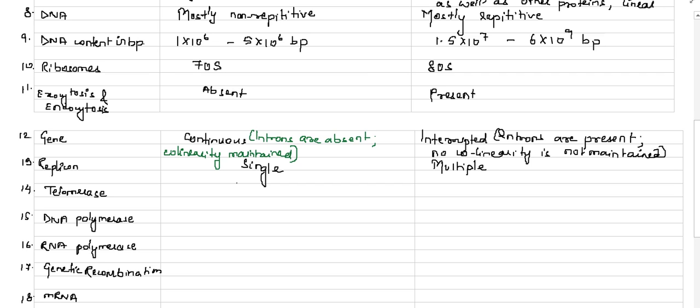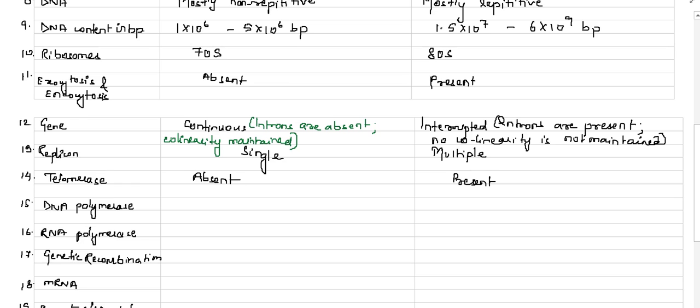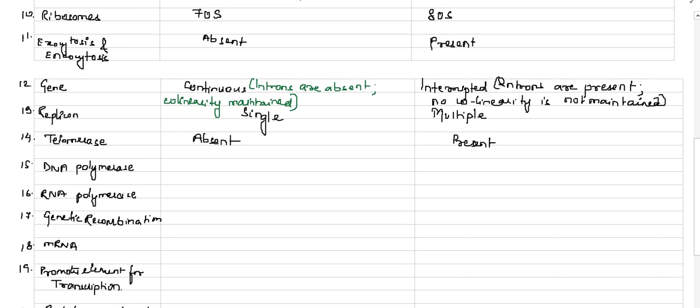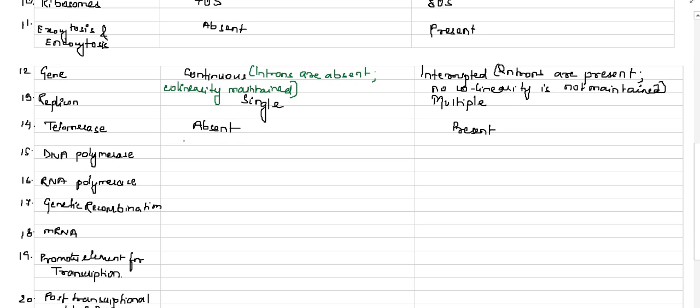Okay, next is telomerase. This is absent in prokaryotes and present in eukaryotes. We will discuss all about these in detail. I'm just comparing, so I'm not going into much detail. We will discuss all these in detail when I discuss the topic of fundamentals.